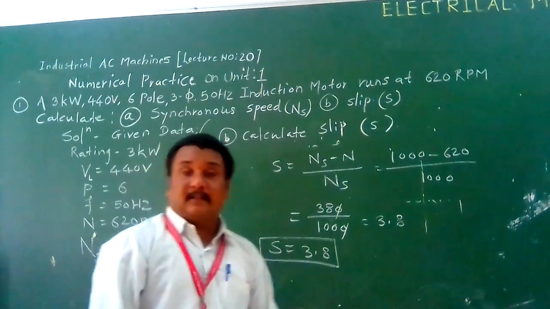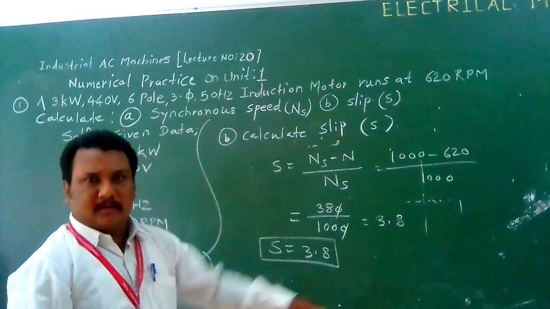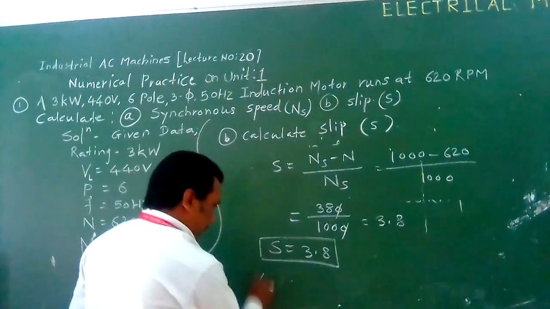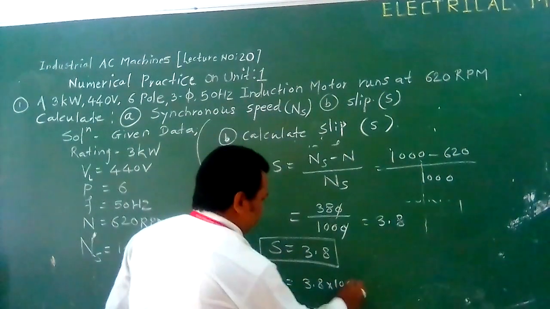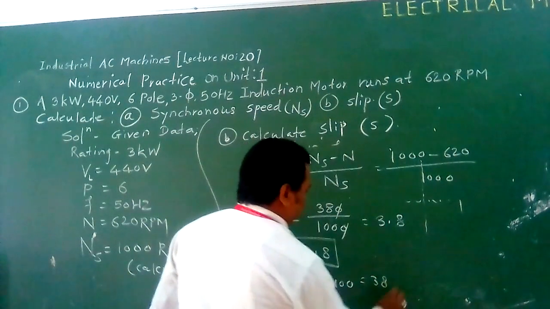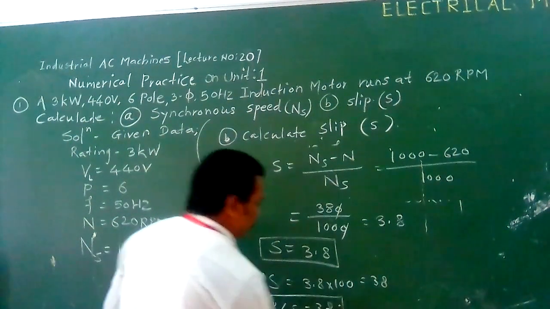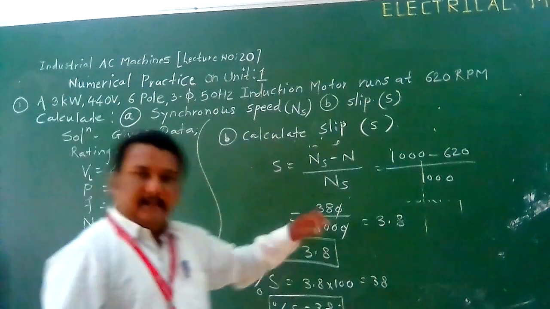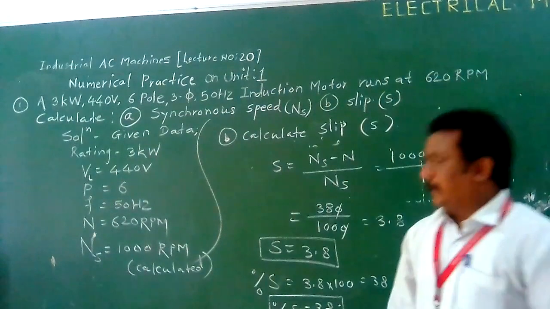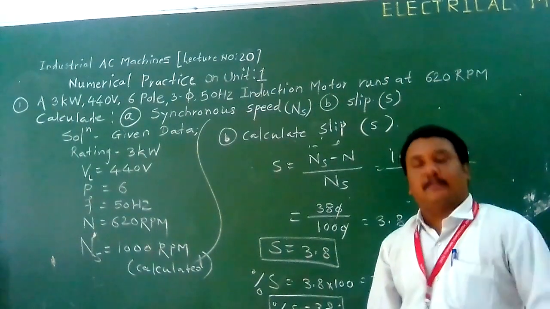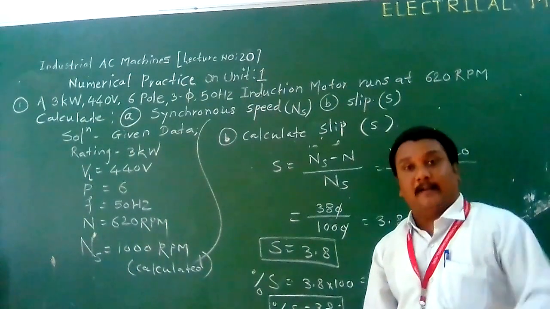Now if we are asked for slip in percentage, then we multiply by 100. So percentage slip is equal to 0.38 into 100, so it is 38. So percentage slip is 38. This is the first type of numerical, in which we first calculate synchronous speed and then slip. Now let us see the second numerical.